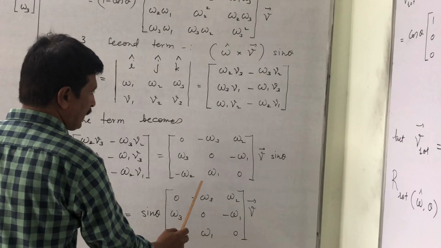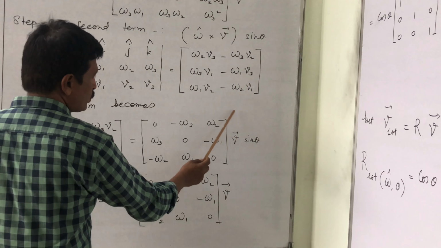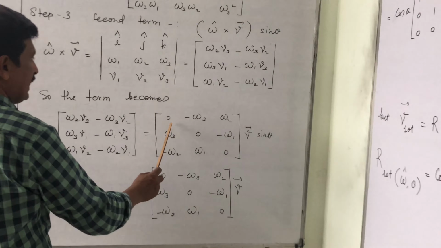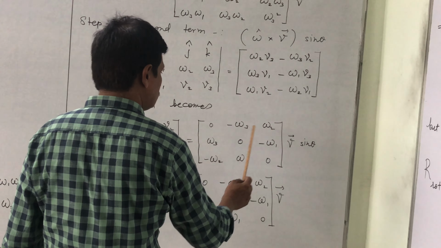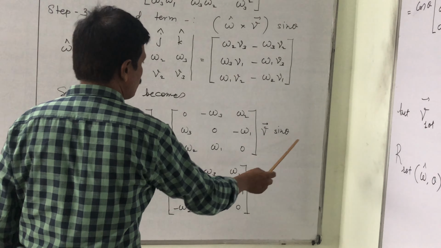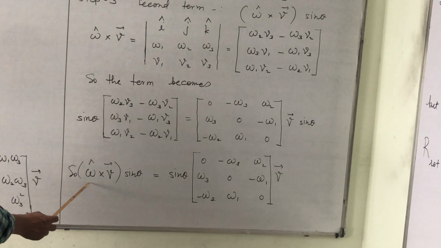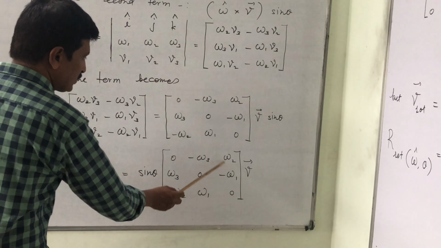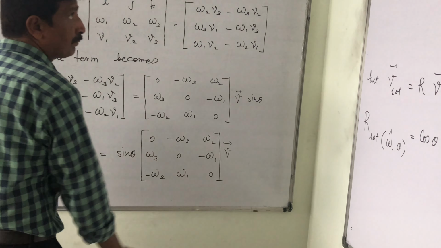Using a special matrix property, which any student must know, we can write this term as 0, minus omega 3, omega 2; omega 3, 0, minus omega 1; minus omega 2, omega 1, 0, into V sin theta. So omega cap cross V sin theta is sin theta into this matrix into V.